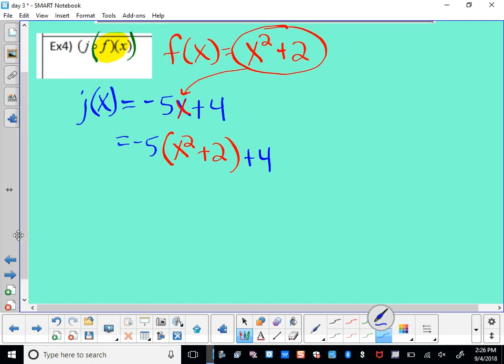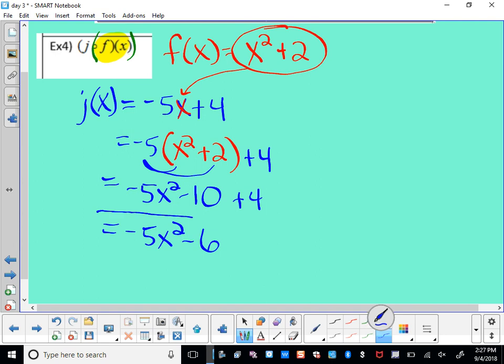So let's go ahead and distribute. You should get negative 5x squared. Negative 5 times 2 is negative 10, plus 4. I have like terms of negative 10 plus 4, so that becomes negative 6.